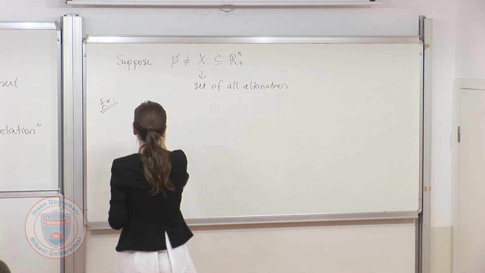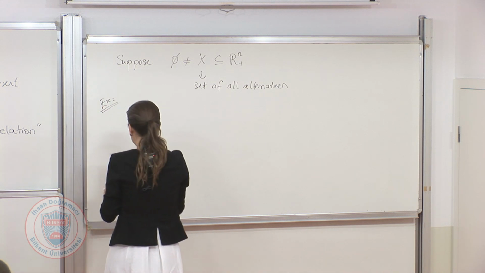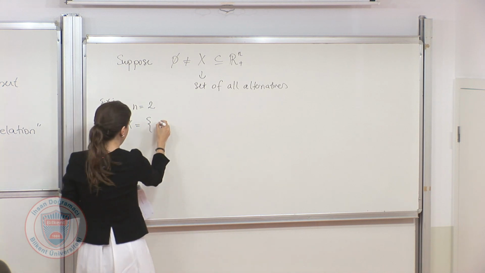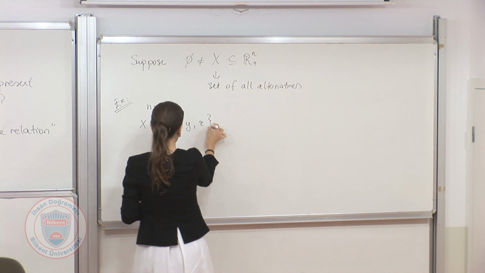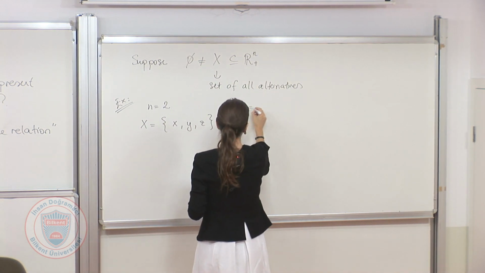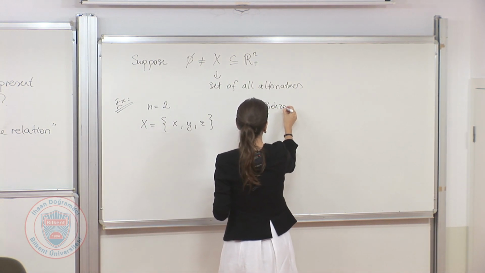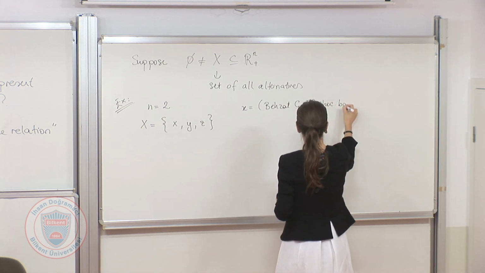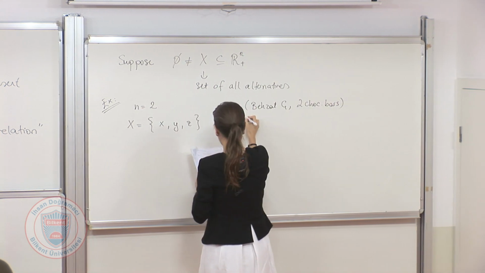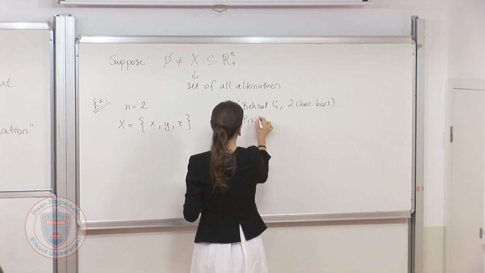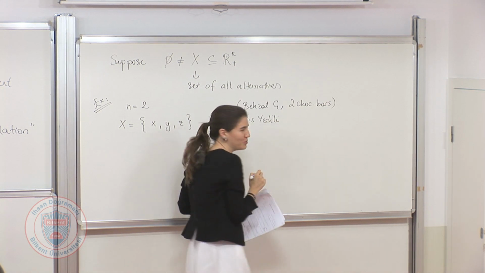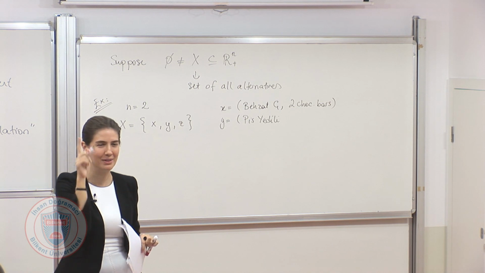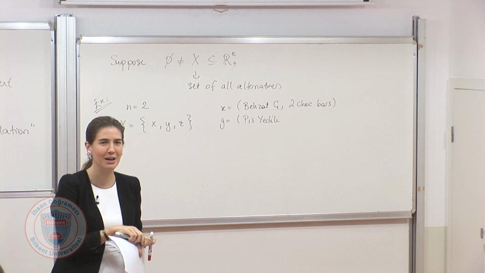Suppose n is equal to 2, and let's say that my X, the set of all alternatives, consists of x, y, z. Suppose x is Behzatçı and 2 chocolate bars. Y is, okay, I put this because it was also a funny series that they kept showing all the time at some point.